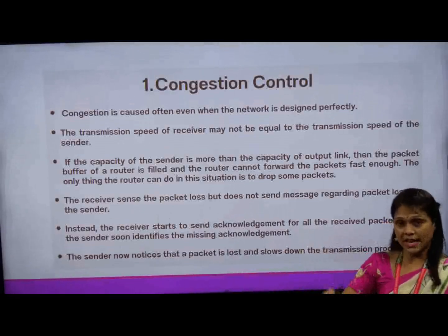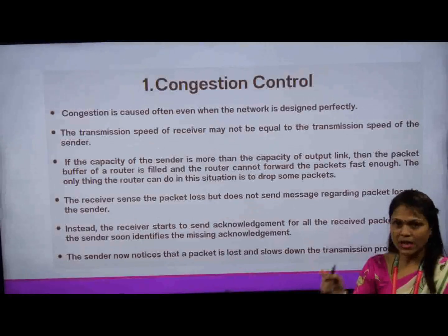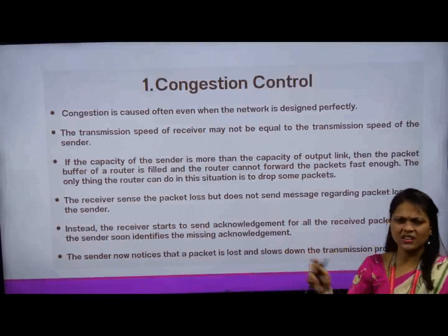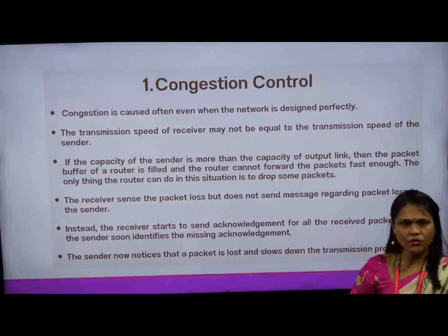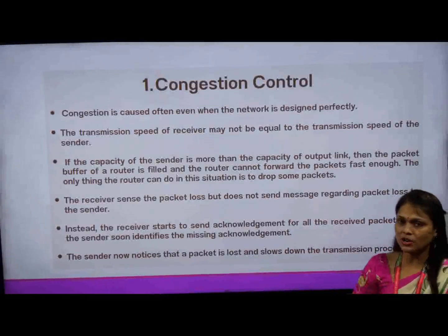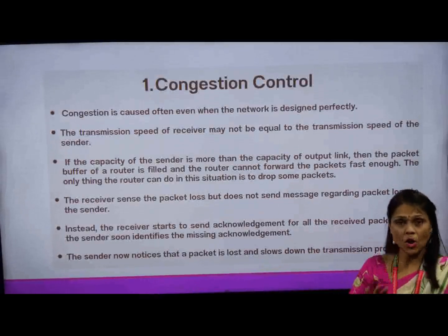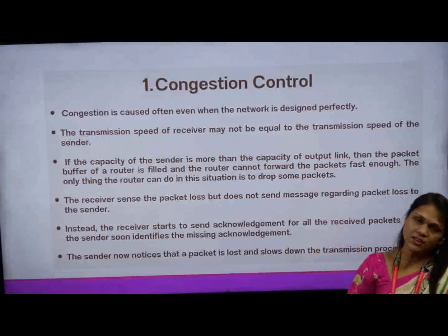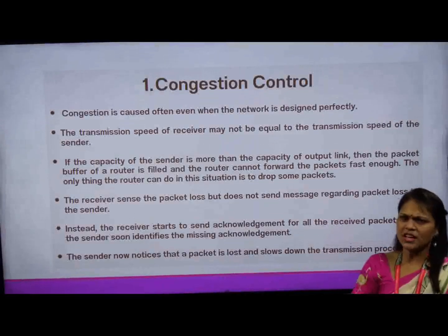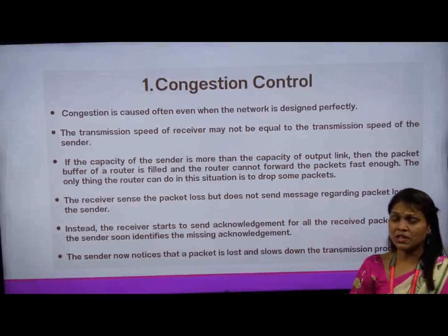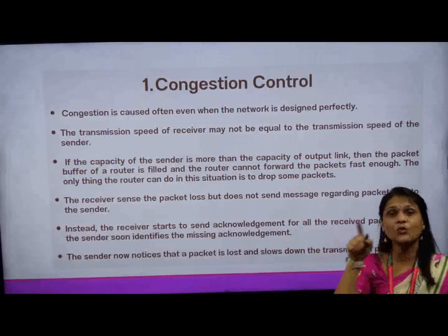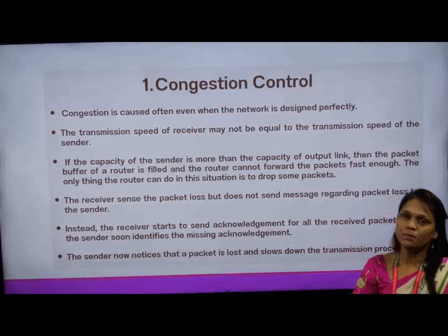The receiver will send, I didn't receive packet 12, NACK 12, NACK 13, and so on, with the help of the names of the packets. NACK is for negative acknowledgement. That means this packet is lost and not received by the receiver. After receiving this negative acknowledgement, the sender will try to retransmit the lost packets.